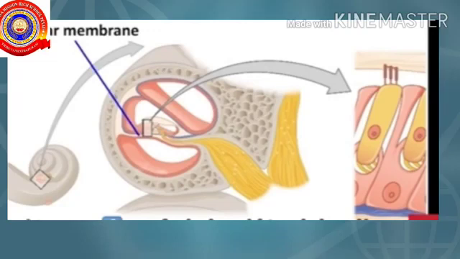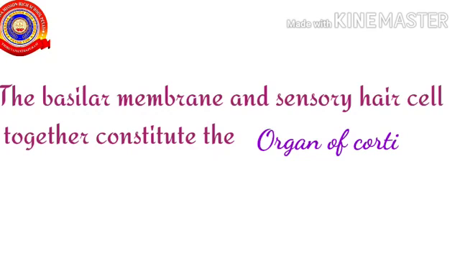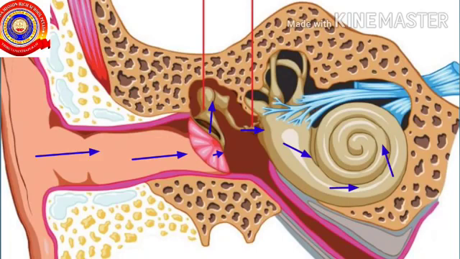In the structure of the eye, we learned that there is a receptor called photoreceptor. Here in the ear, we can see auditory receptor between the middle chamber and lower chamber. This basilar membrane and sensory hair cells constitute the organ of Corti. Very important. So write one question. What do you mean by organ of Corti?